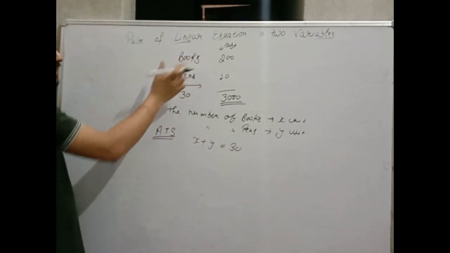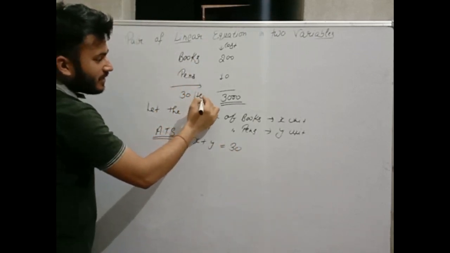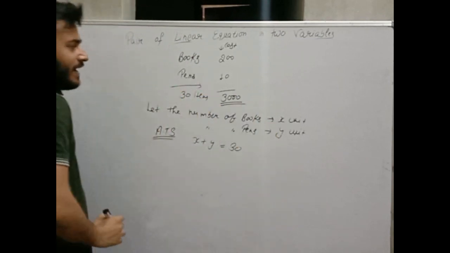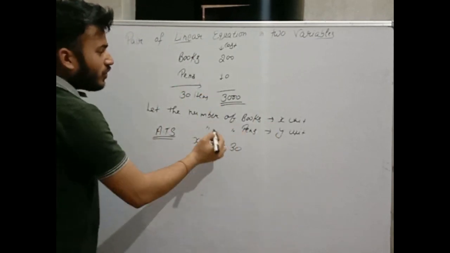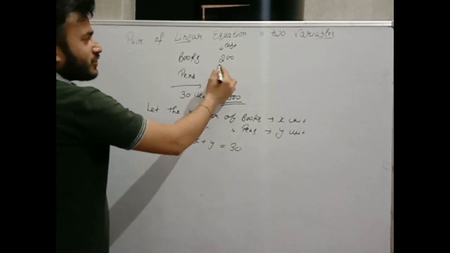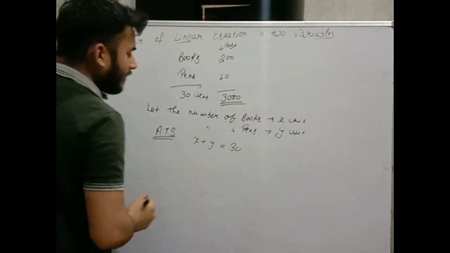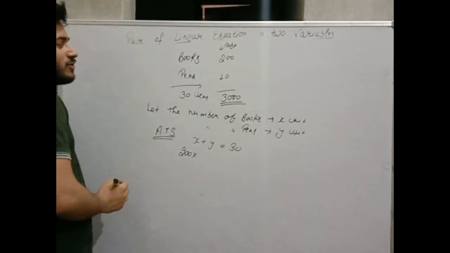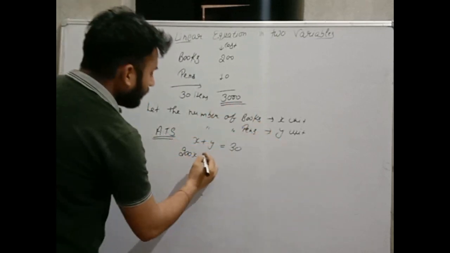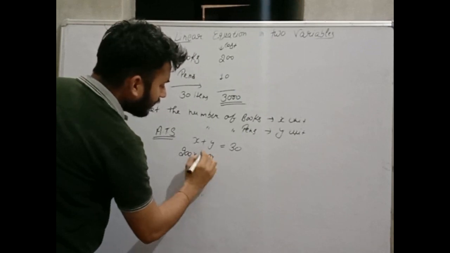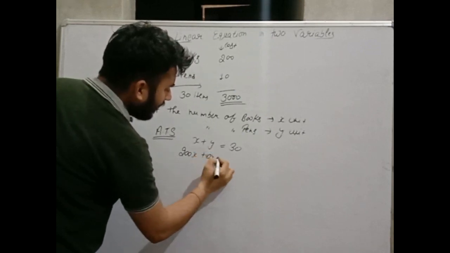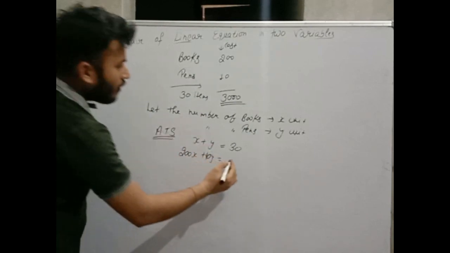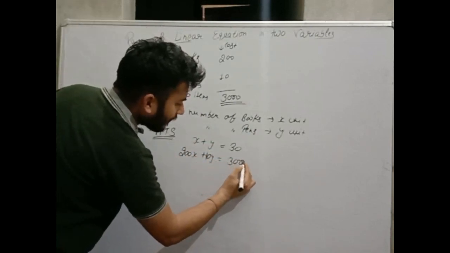We have a total of 30 items, so x plus y will be equal to 30, and if the cost of one book is 200, then the cost of x books will be 200x, and that of the pens will be 10y. And the total money we spent was 3000.